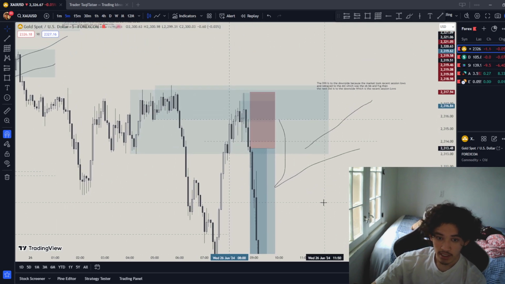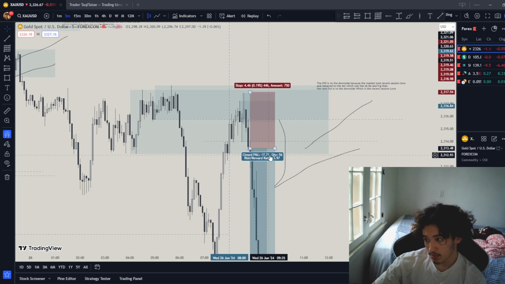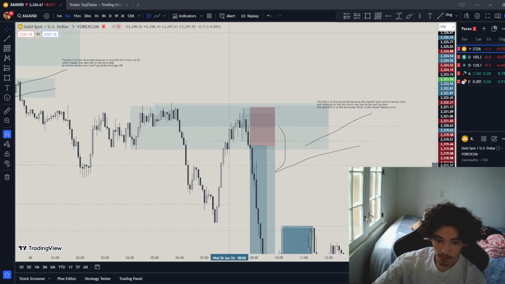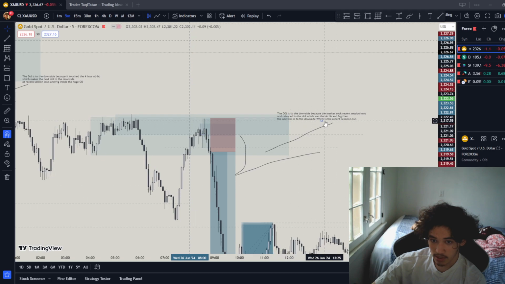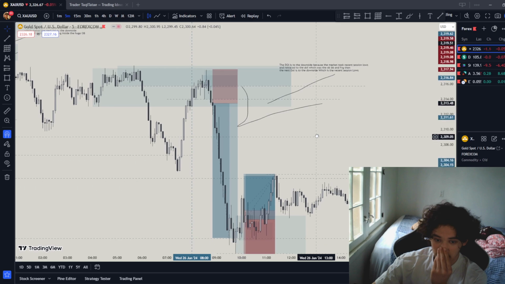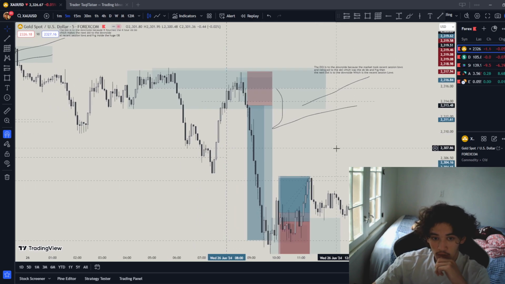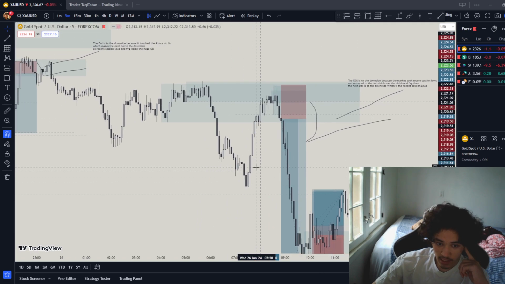On this other trade, I did take this trade, but it was on demo, right? The drawn liquidity to the downside was there because the market took resistance highs and retraced to the drawn liquidity, which was the order block, breakup block, and fair value gap. Then the next drawn liquidity to the downside was the resistance lows, right? You can see right here it showed the resistance lows.